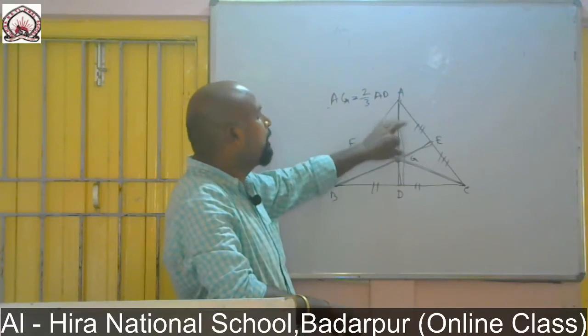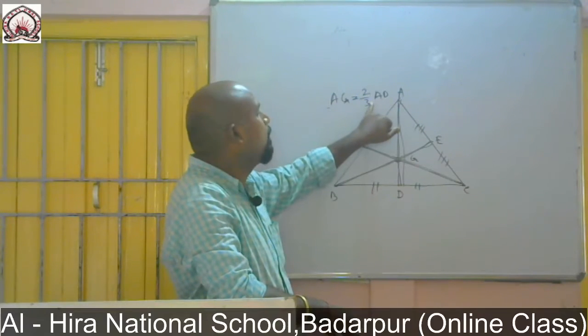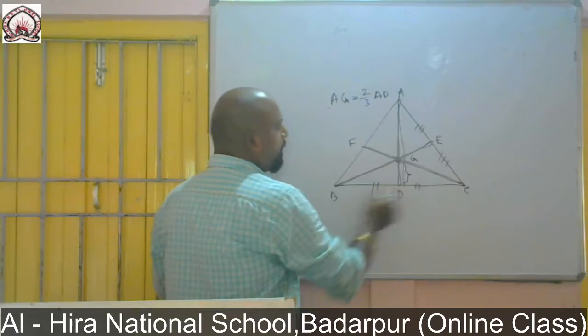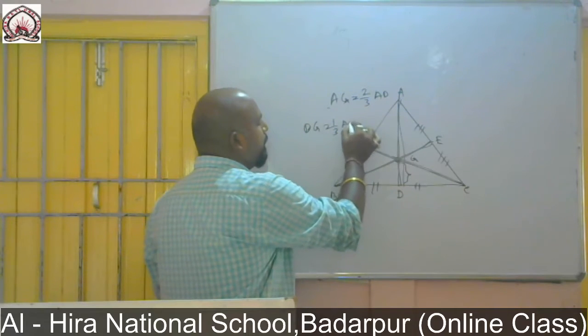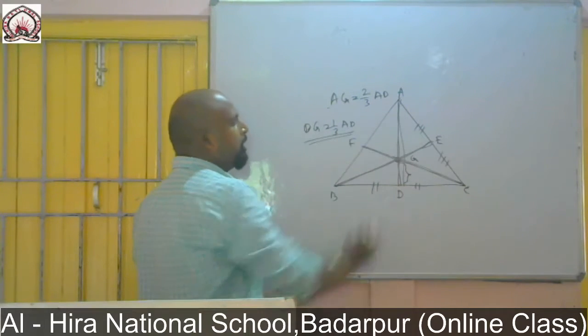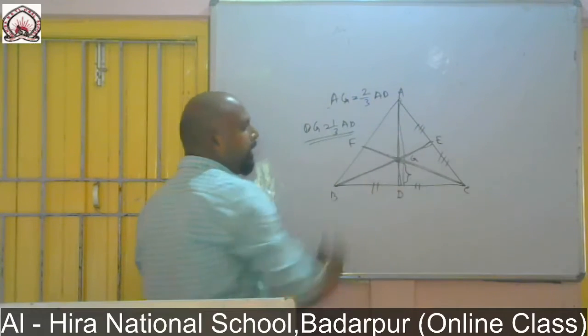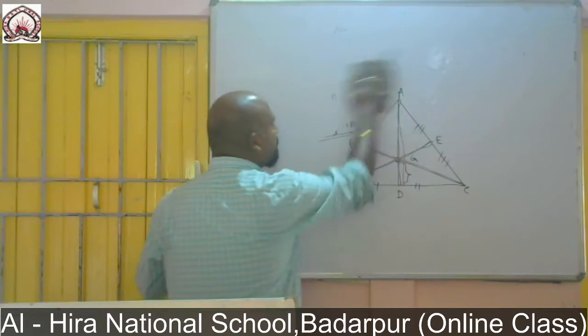If we prove it, you will find that AG is 2/3 of AD, and DG is 1/3 of AD. Always remember, this one is 2/3 of AD, and this one is 1/3 of AD.